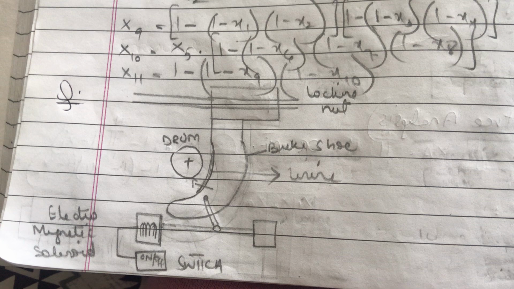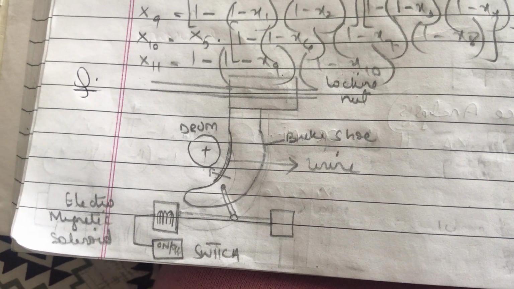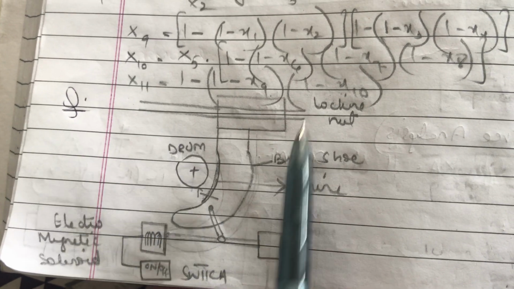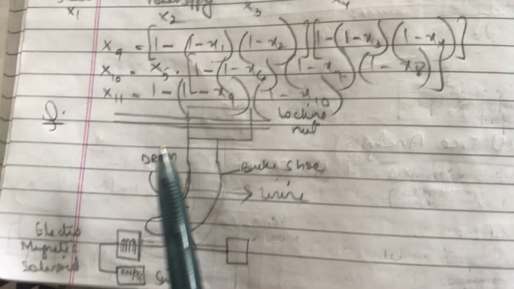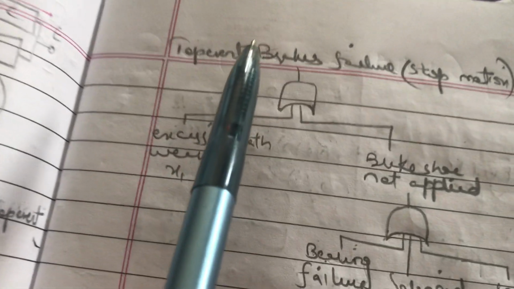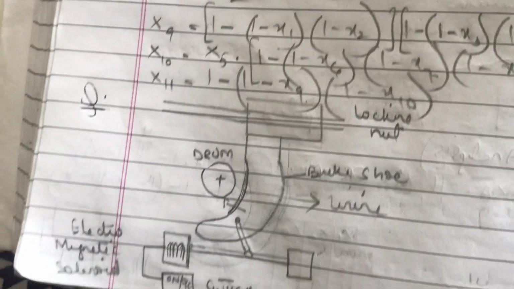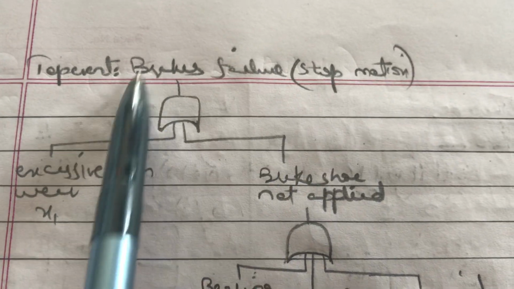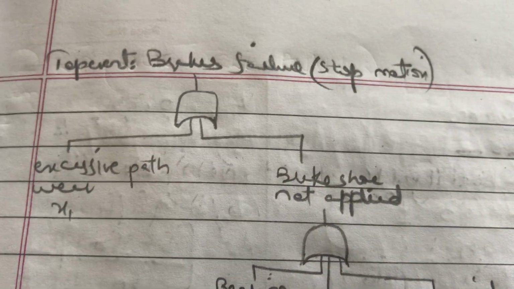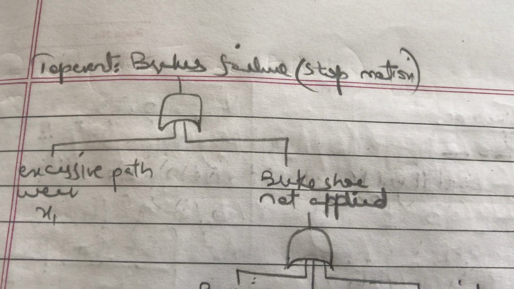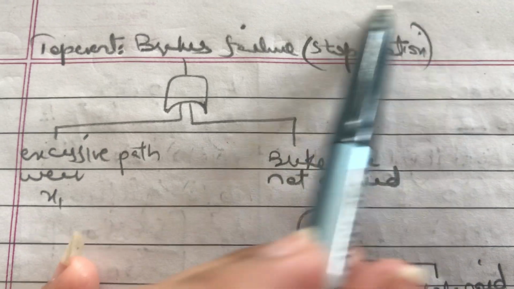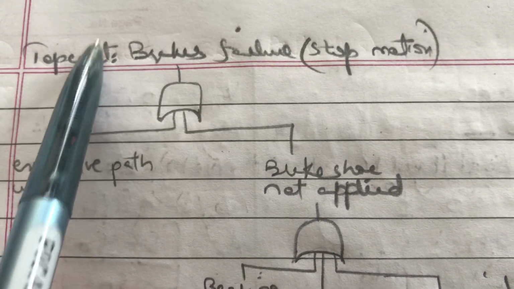So the diagram shows that we have a top event, and for this diagram our top event is brake fails. So when brake fails, what happens? Our system stops motion. It has stopped to work, there is no motion happening, because our brakes have failed.